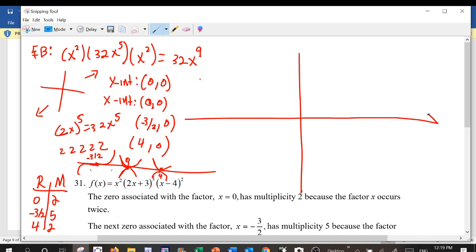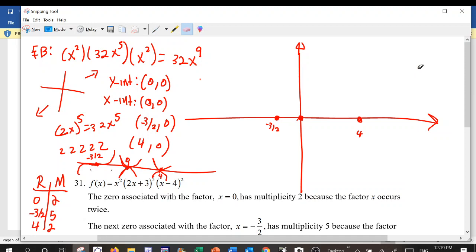So I want to graph it. Now the y-intercept is 0, that's that. And then we also got a 0 at 0, so it's the same point. So x and y both are 0 here. And then negative 3/2 is right here. And 4 is over here somewhere, right?